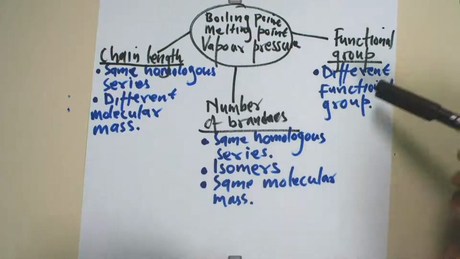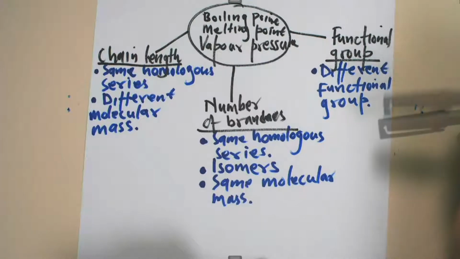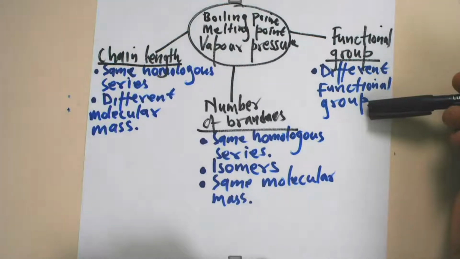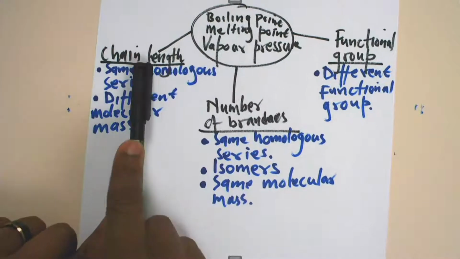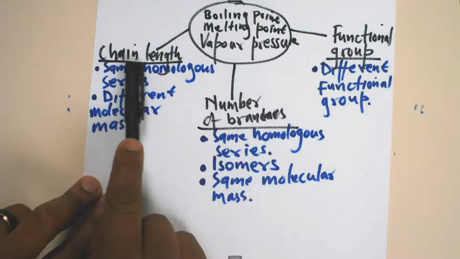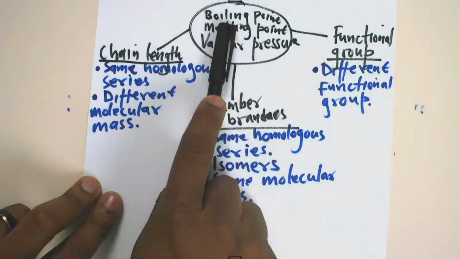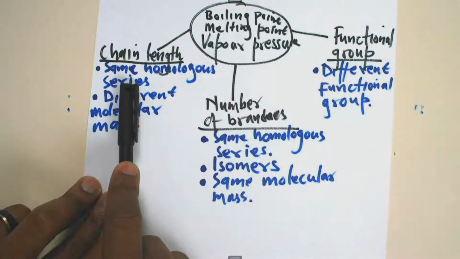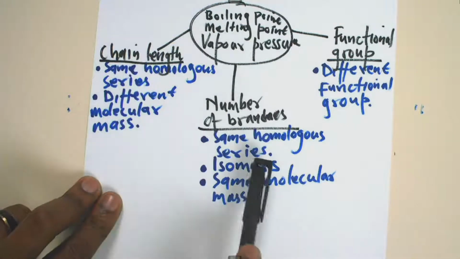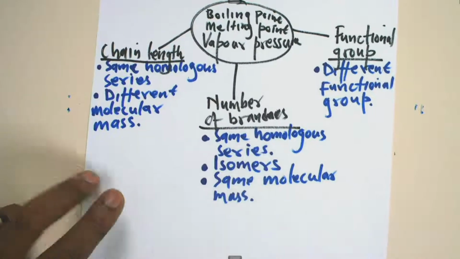For me to say the examiner is assessing me on a functional group, it means I must compare different functional groups. For me to say the examiner is asking me to compare in terms of chain length, or how chain length influences these properties, then they must belong to the same homologous series. I said the same for the number of branches: they must belong to the same homologous series.